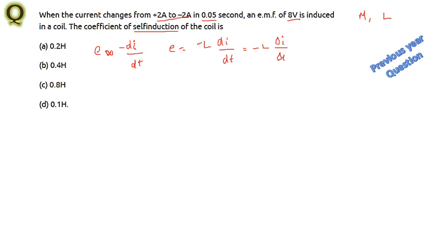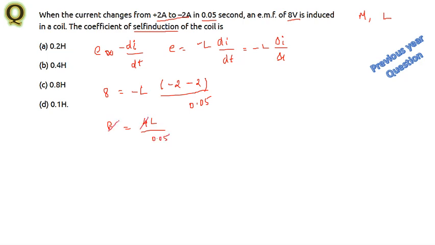According to this, the E value they have given here is 8 volt, and the self-induction is what we are going to find, minus L into the changing current, which is 2 ampere to minus 2 ampere. So final minus initial, that is minus 2 minus 2, and the changing time here is 0.05 second. So from this, L is 8 into minus 4 into minus L, 4L divided by 0.05.